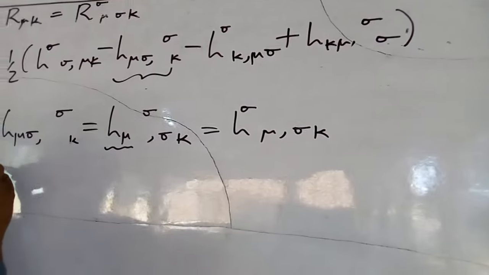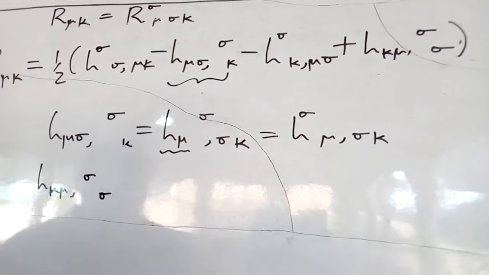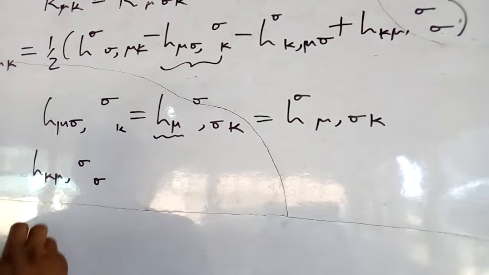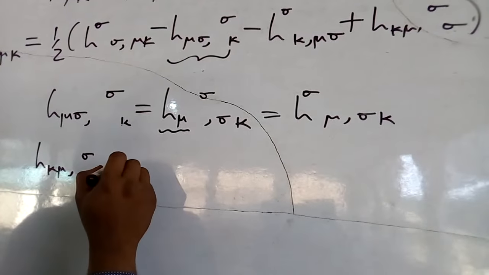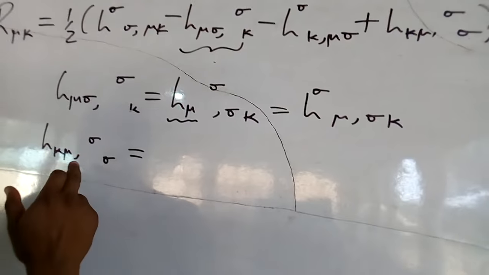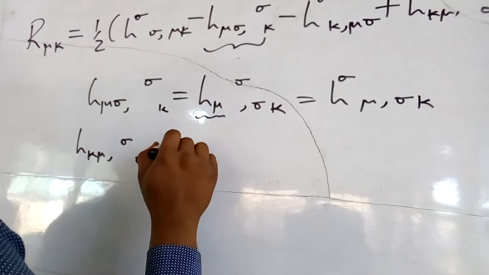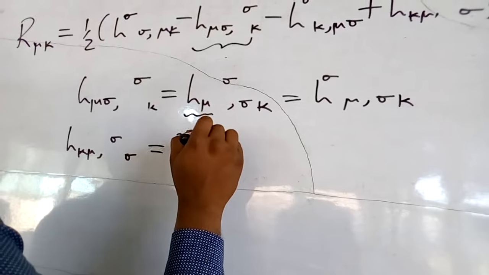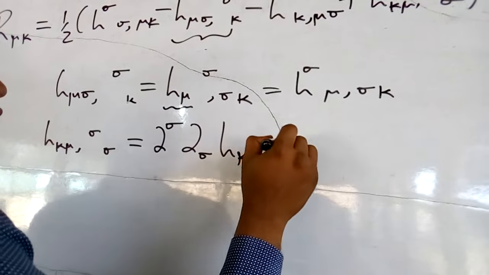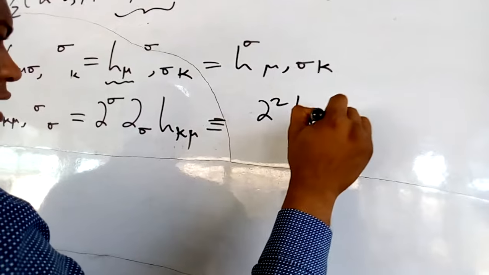Well, this particular term is interesting: h kappa mu, comma sigma sigma. Remember, in this case I've done some lowering here, and what this means is I have some partial derivatives. This is comma sigma, this sigma here. This expression is the same thing as saying the partial sigma on top, the partial sigma down, of h kappa mu, or the same thing, of course, not necessarily equivalent, the partial squared of h kappa mu.